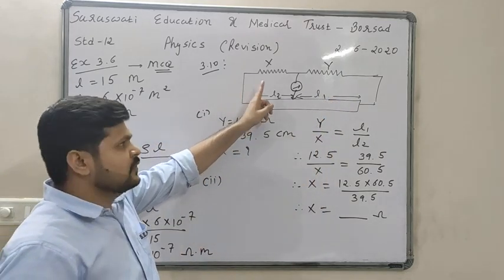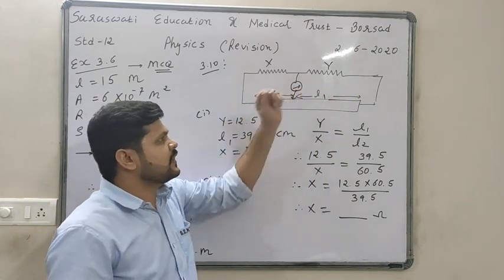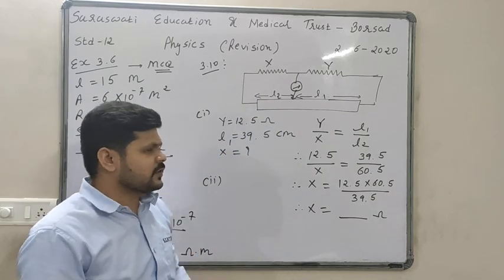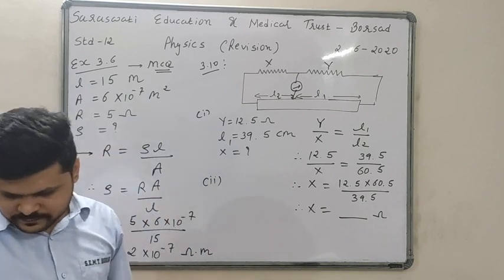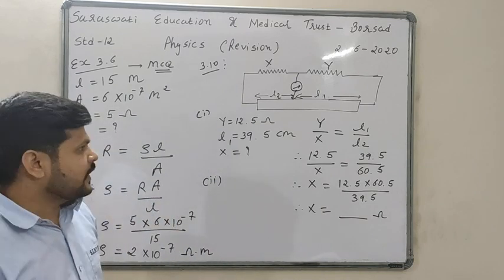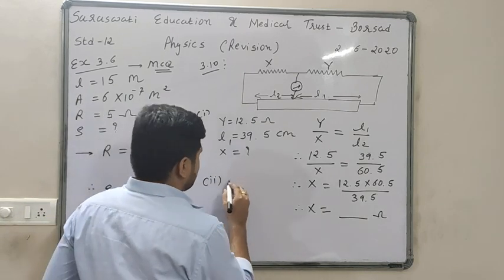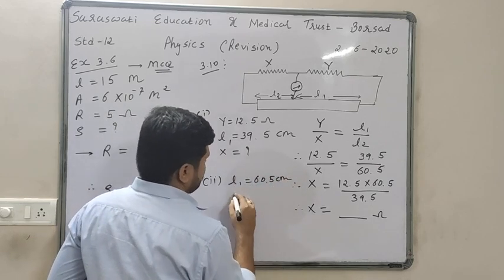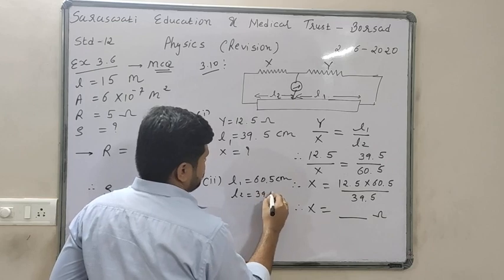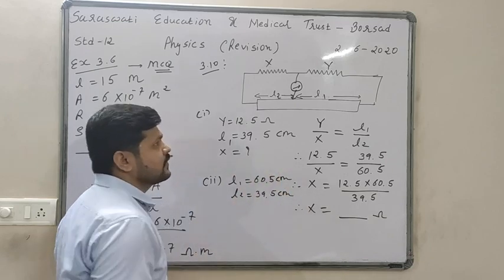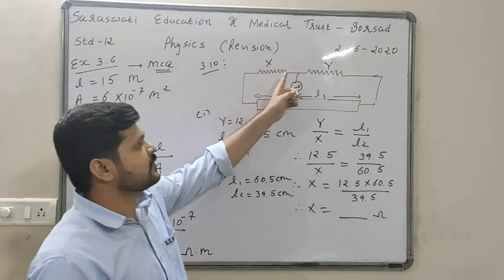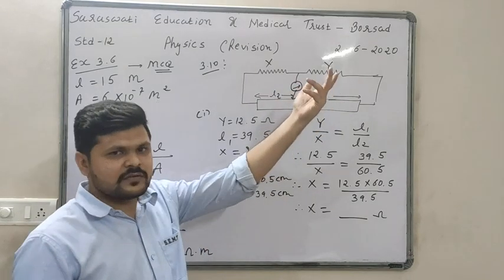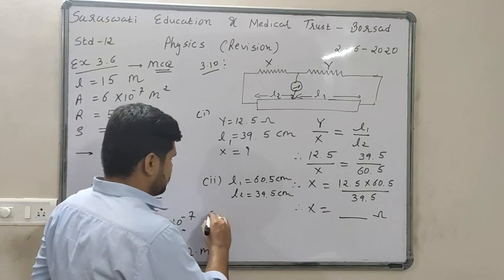The null point will then be at 60.5 centimeter. That means if we change the places of X and Y, the places of L1 and L2 are also changed.